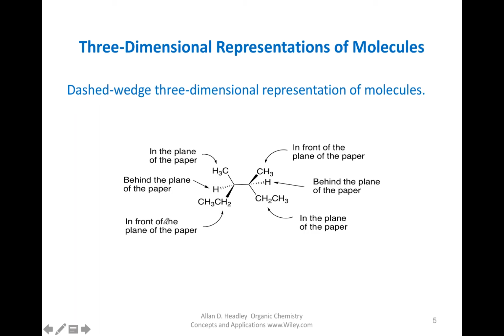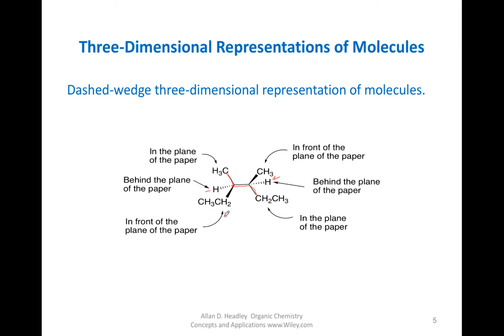So what we have here is, that's the plane of the paper here, and this is in front, this is in the back, this is in front of this, based on this carbon, and this is in the back, and this is in front. So the dashed wedge representation.